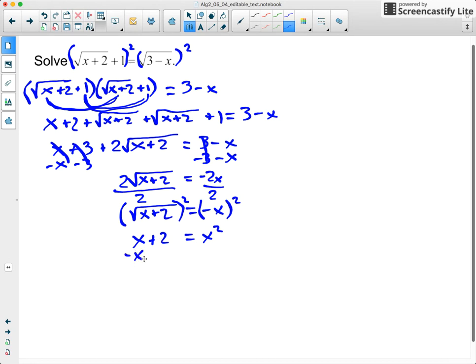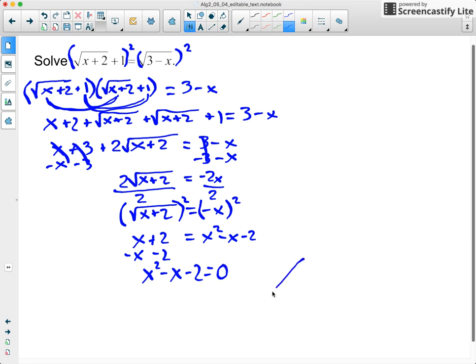Subtract x here, subtract 2 here, and now we have an equation of x squared minus x minus 2. So I'll write that down here, x squared minus x minus 2, and I'll set that equal to 0. All right, and we're going to factor this.